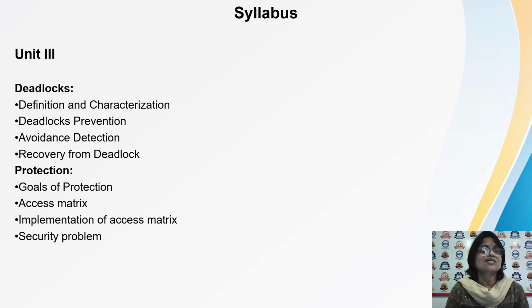So unit 3 will throw light on the goals and principles of protection in the modern computer system. It will explain how protection domains are used to specify the resources a process may access.